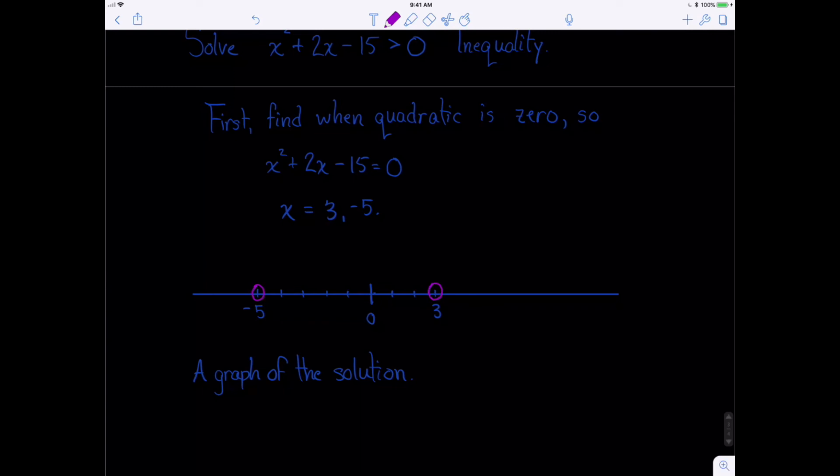Now, what we're going to do is pick a test value from each region created.